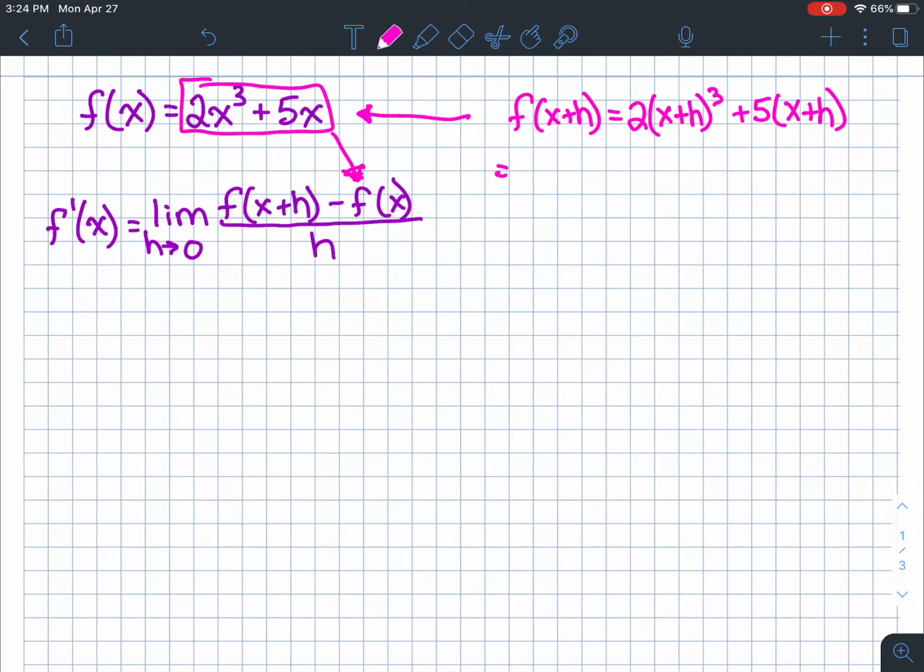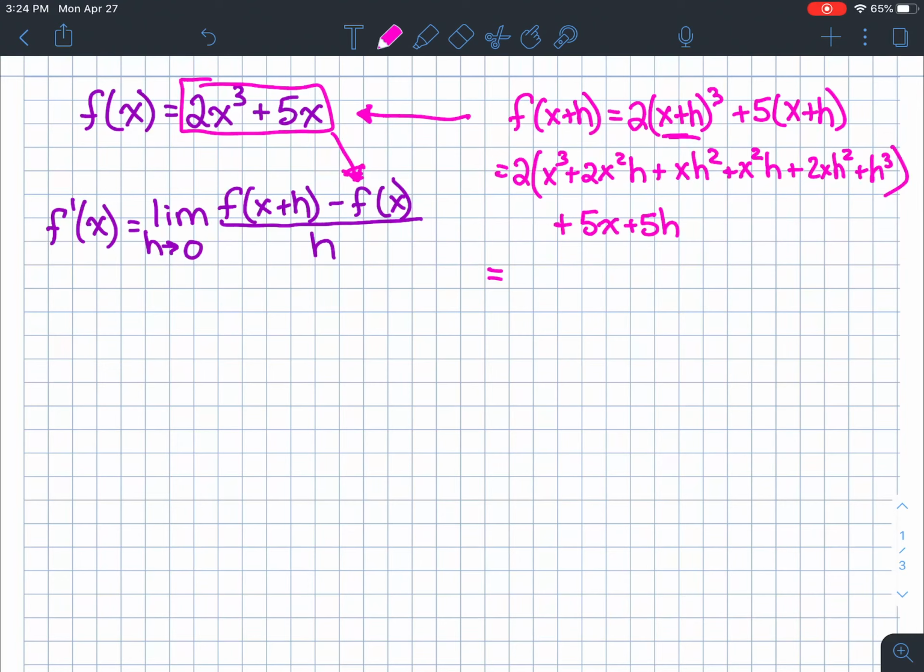So if we expand x plus h cubed, we will get x cubed plus 2x squared h plus xh squared plus x squared h plus 2xh squared plus h cubed. And that's just expanding this. Now we still have plus 5x plus 5h. Then I still have to multiply everything in there by 2.